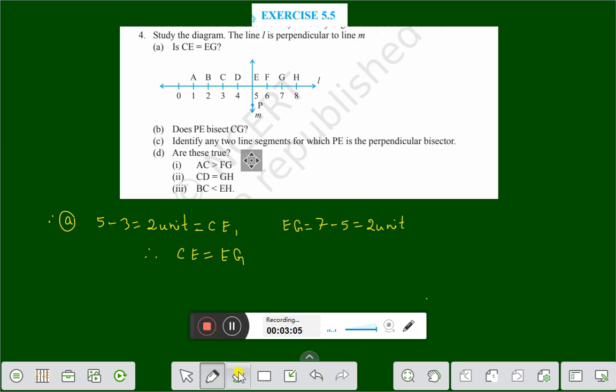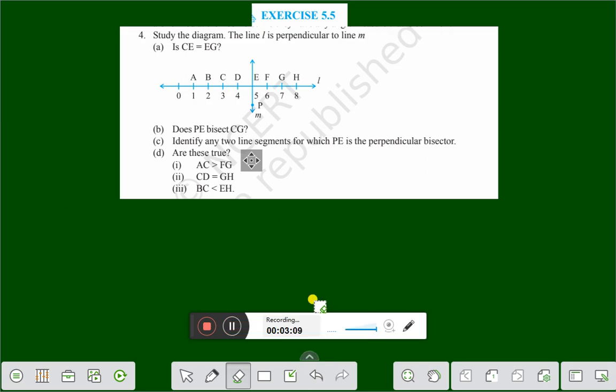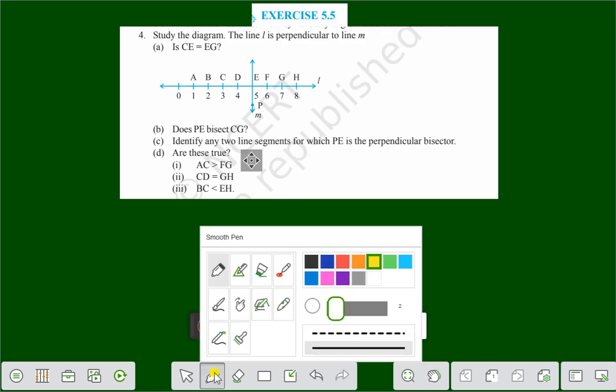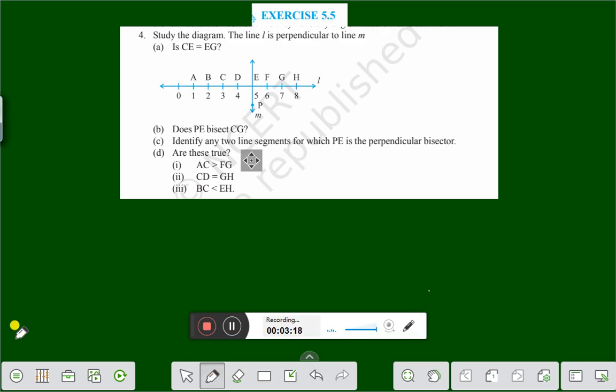Question number B. What is question number B? Does PE bisect CG?